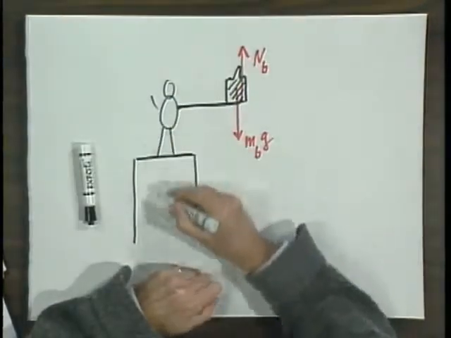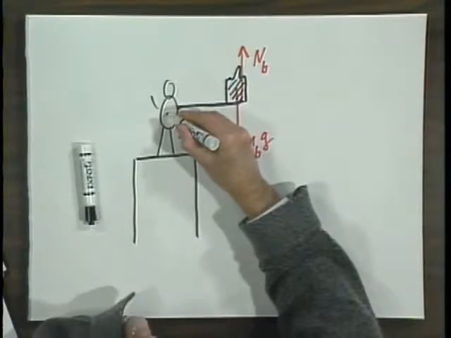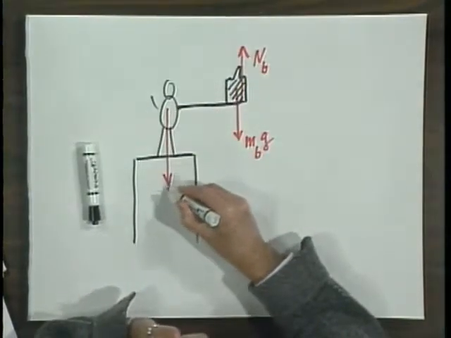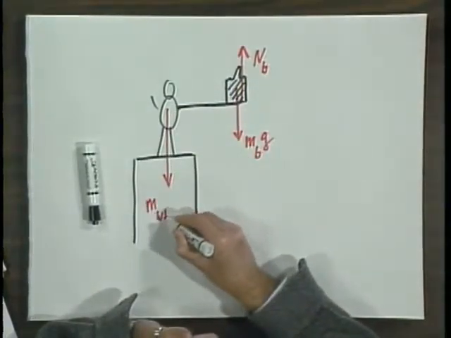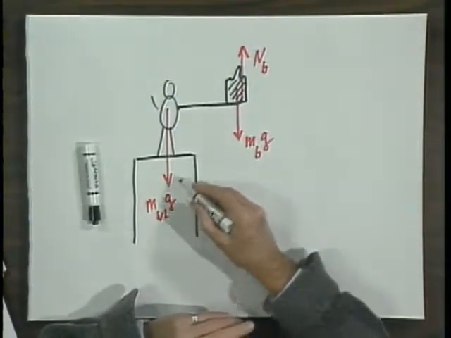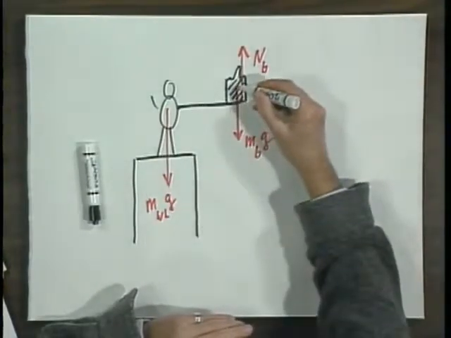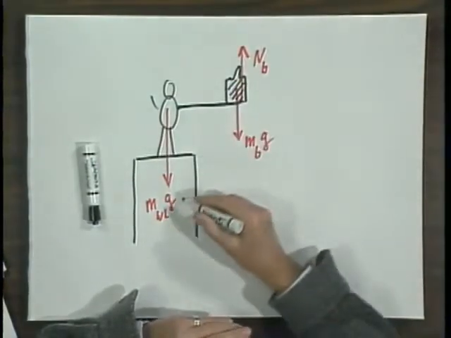Let's look at the situation here. My mass is m Walter Lewin, so there is a gravitational force m Walter Lewin g, but of course I also push down on the table with the gravitational force of this bottle.